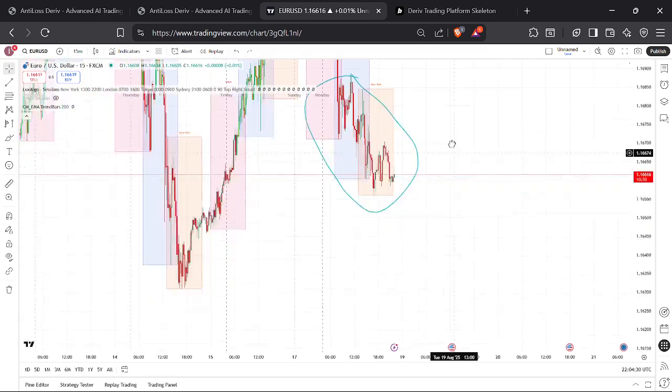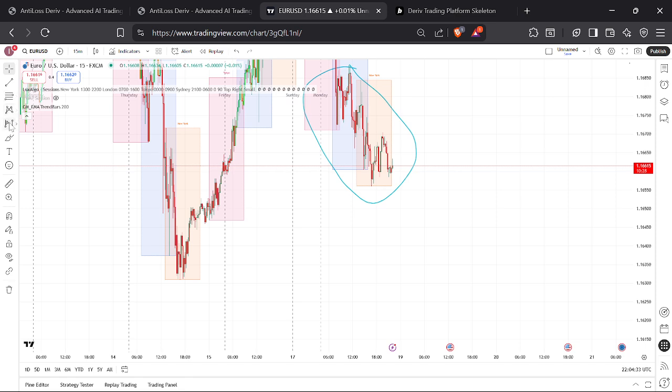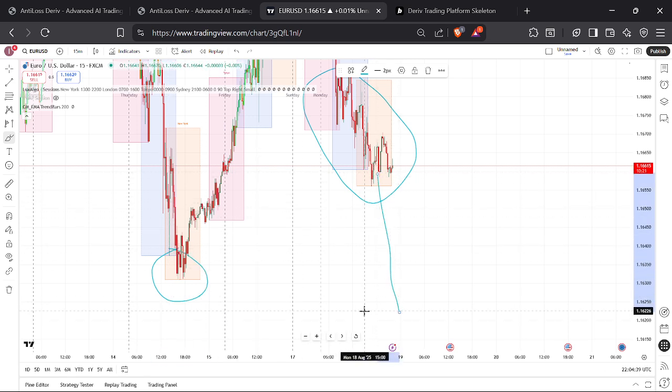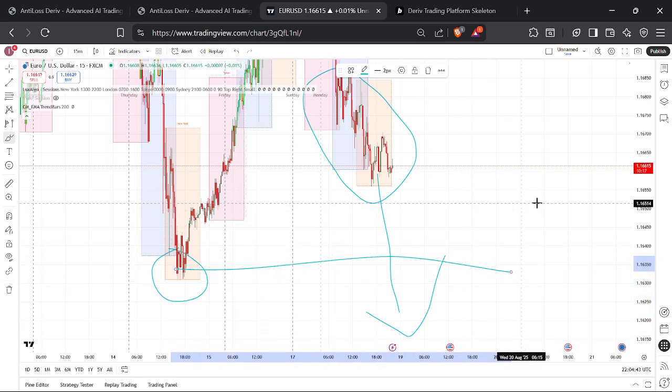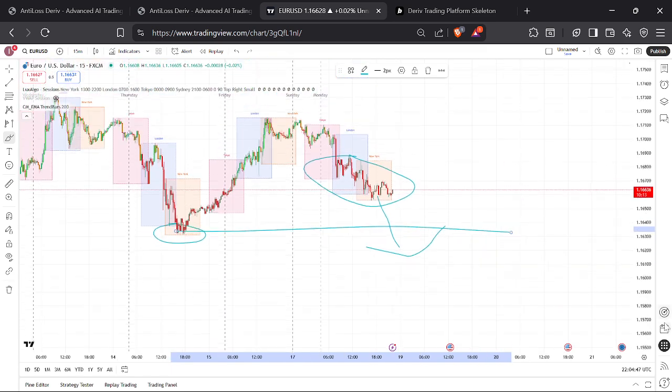We have a weak low right here, which we expect the market to trade below. We expect the market to trade below there, and we are also in a sell zone.